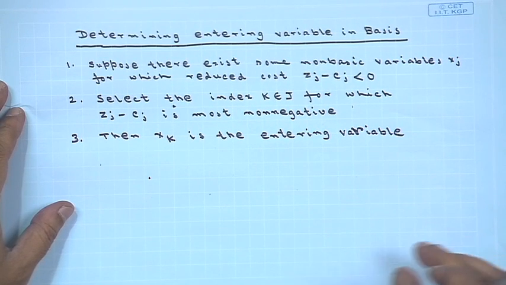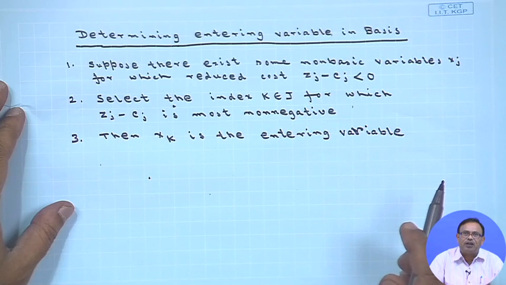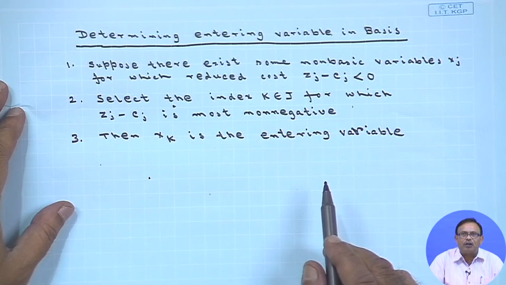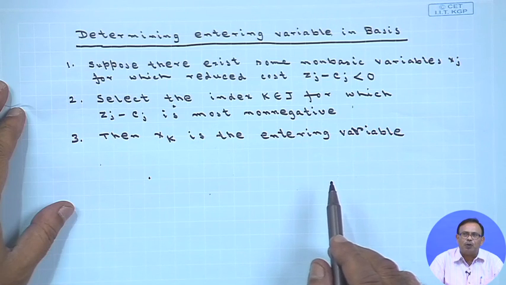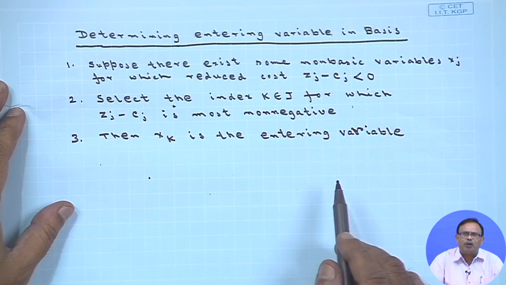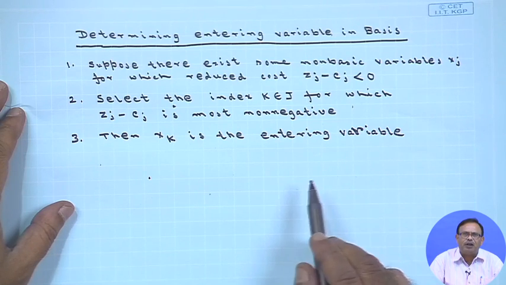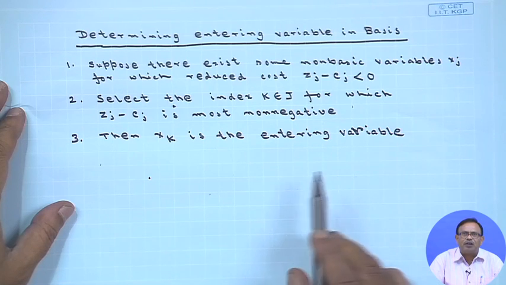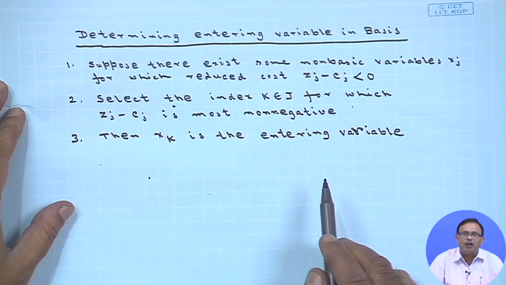Suppose there exists some non-basic variable x_j for which the reduced cost z_j minus c_j is less than 0. As we have told, if z_j minus c_j is greater than or equal to 0, we have obtained the optimum solution. So, if there is some variable x_j for which z_j minus c_j is less than 0, now from this select the index k which belongs to the non-basic variables.